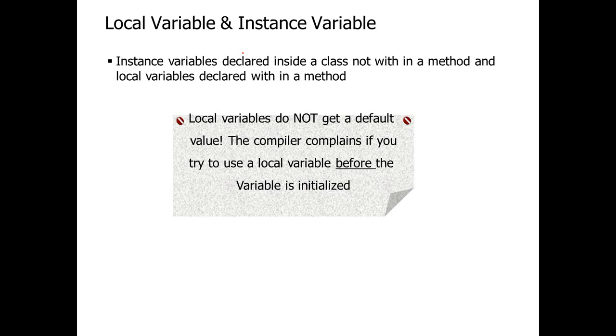For local variables which are not initialized, the compiler will complain if you try to use a local variable before initializing it. Whereas for instance variables, even if you don't initialize them, Java provides a default value and it is still usable. You can use the instance variables even if you don't initialize them, you will get a default value.